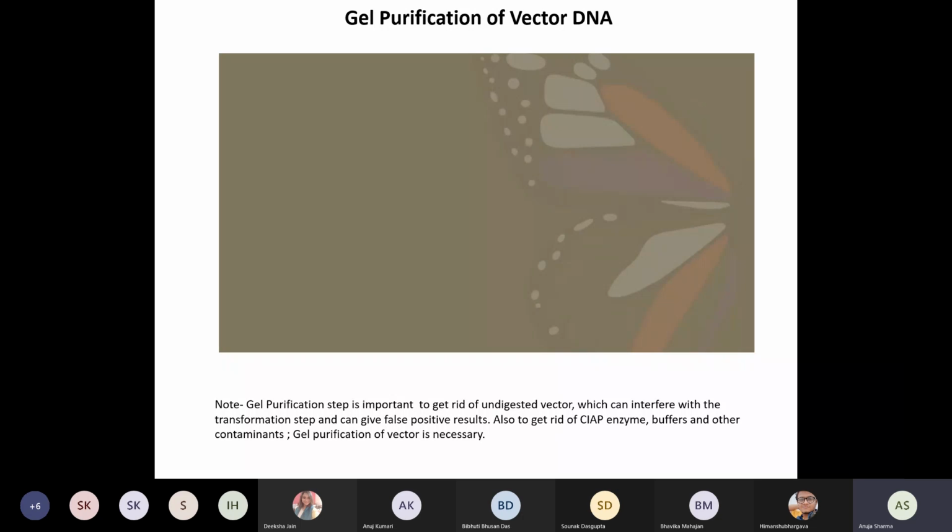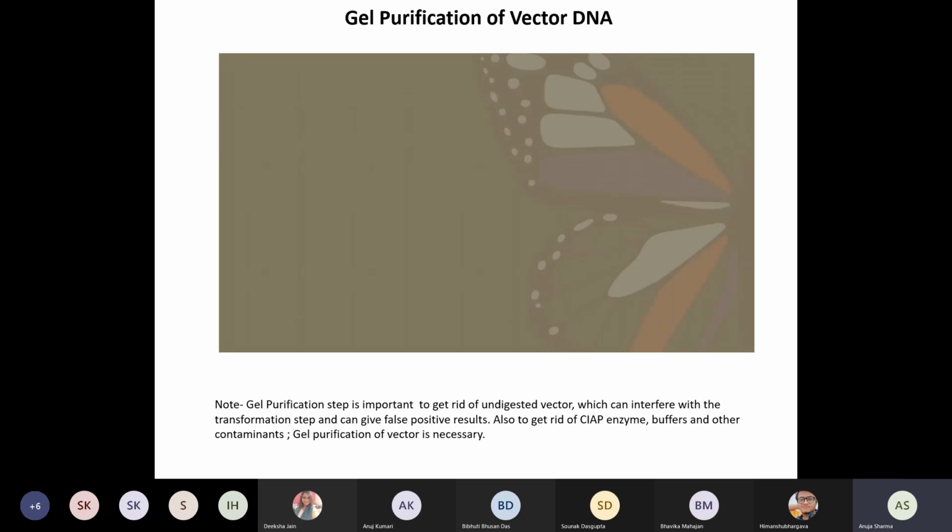Next is purification. Suppose now you have treated the vector with CIAP and you have digested your gene of interest too. So gel purification is a necessary step. As I told, there are these enzymes which work in the presence of buffers. These buffers contain salts, and we need to get rid of those salts so that they cannot hamper any further reaction.